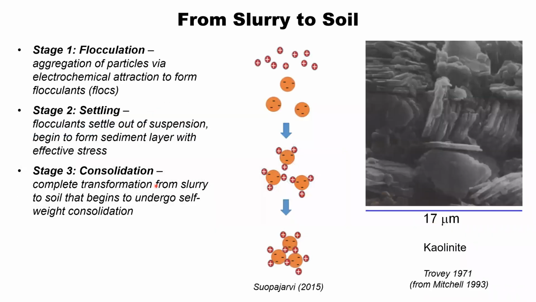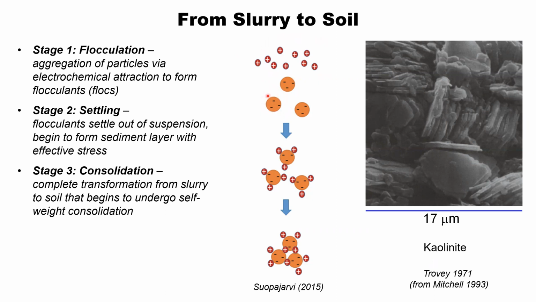In terms of how that material transitions from a slurry to a soil, tailings again are going to behave an awful lot like natural soils that are transported via water, alluvial soils. That is, we're often going to see a stage of what we call flocculation. Those additives or flocculants that may have been added at the processing plant and are still in our slurry may be positively charged and attracted to negatively charged particles.